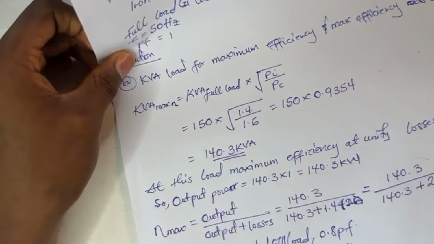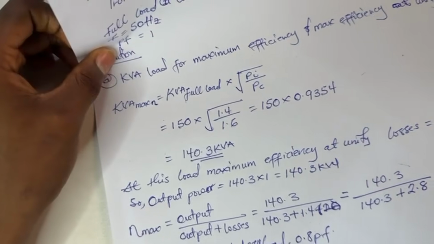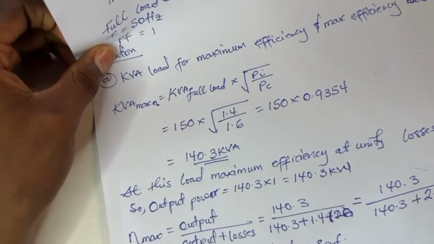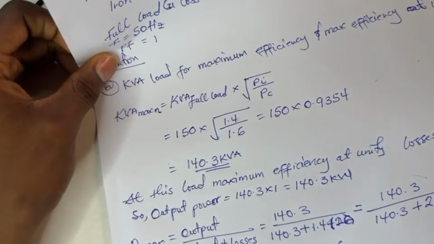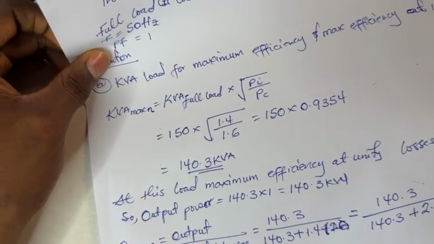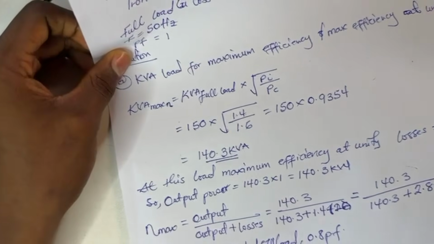That's 1.6 times 0.25. That will give you 0.4 kilowatt. So that is the copper loss for the half load.